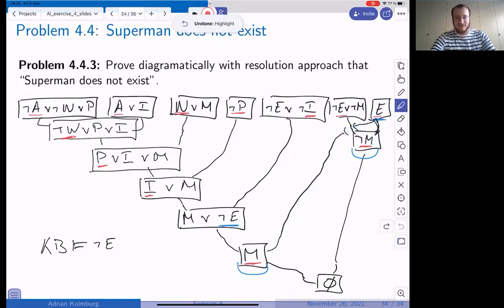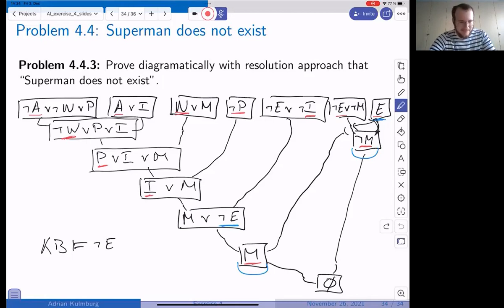Okay, let me check the Zoom questions. I hope this will not take too long. If there's only the empty clause left, then it's not satisfiable. It's even stronger. It's completely unsatisfiable. Sorry, I just repeated what you said.